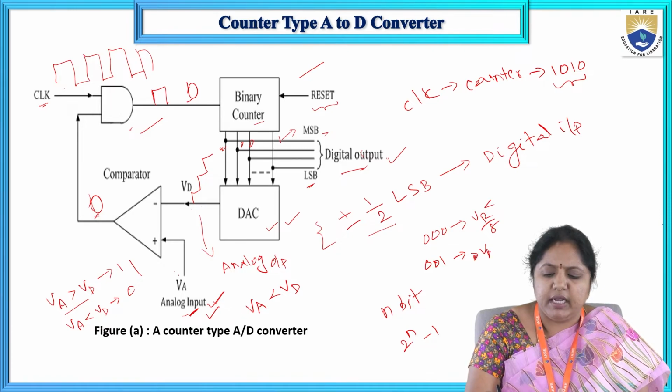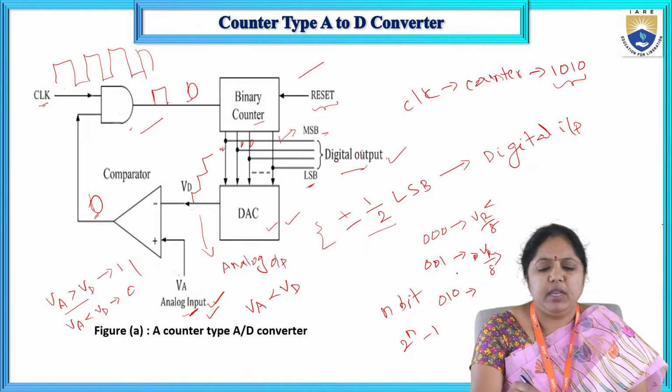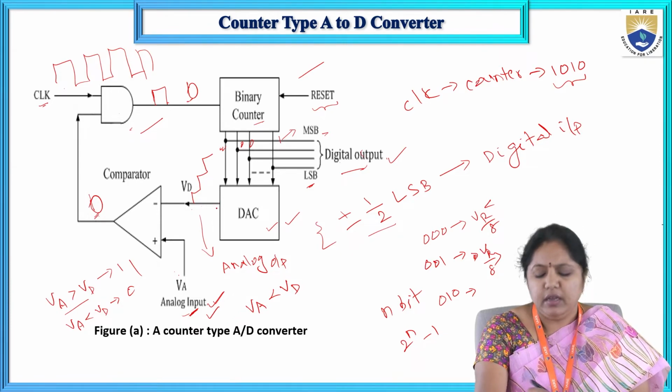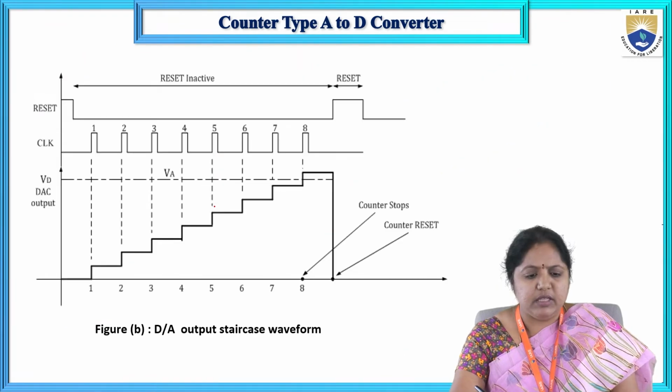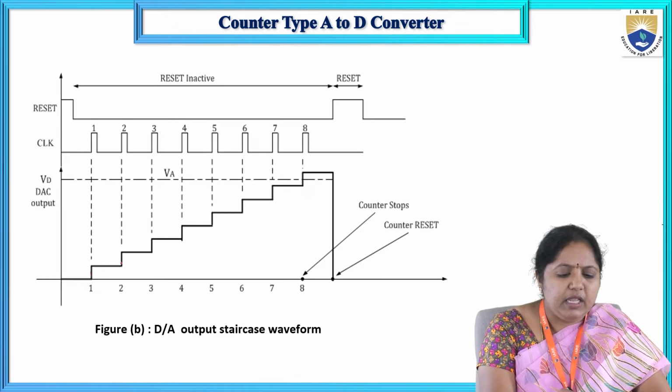If it is 010, I will get some other voltage value. For each and every binary word, I will get a different output analog voltage from the DAC, right? So that's why it is represented like this. The output of the DAC is like a staircase.